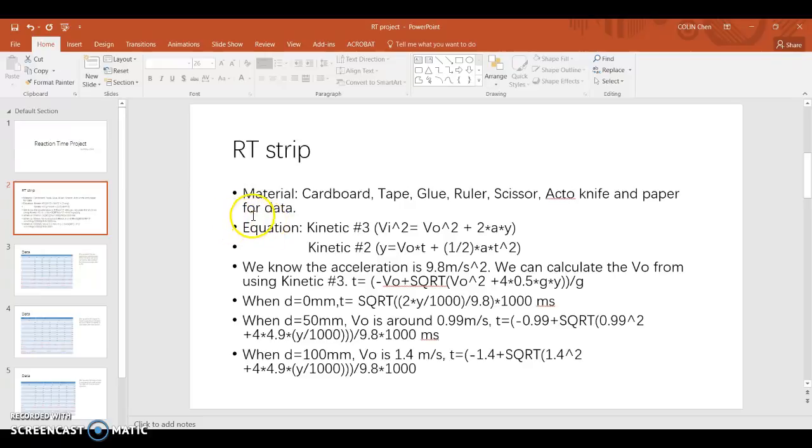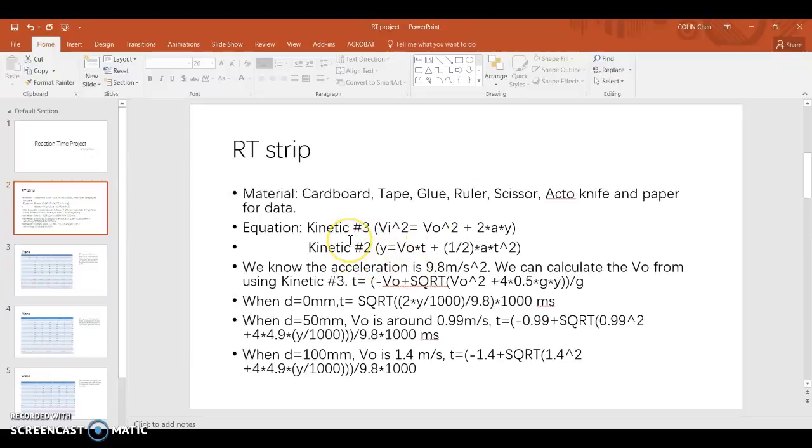First of all, to make the reaction strip, I used cardboard, tape, glue, ruler, scissors, knife, and paper. The equations I used are kinematic equation number 3 and number 2.